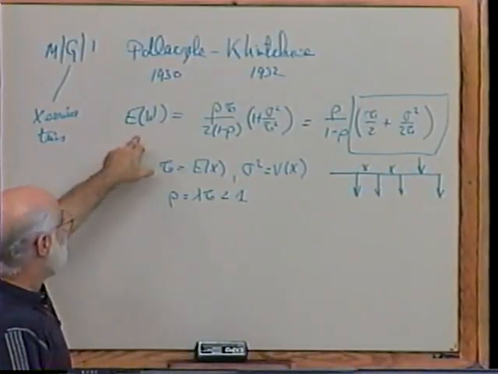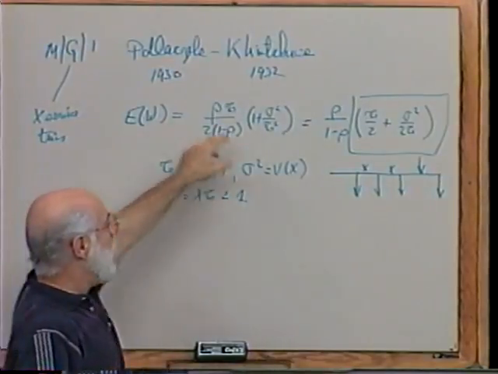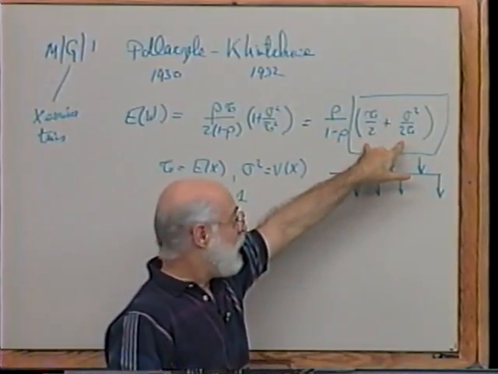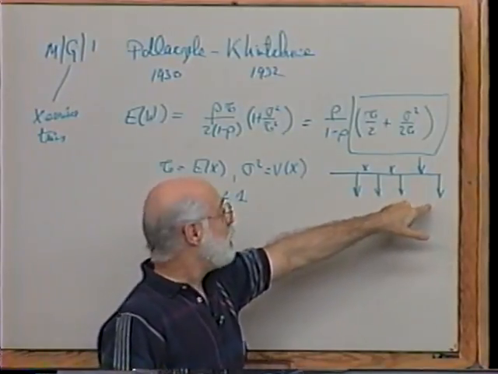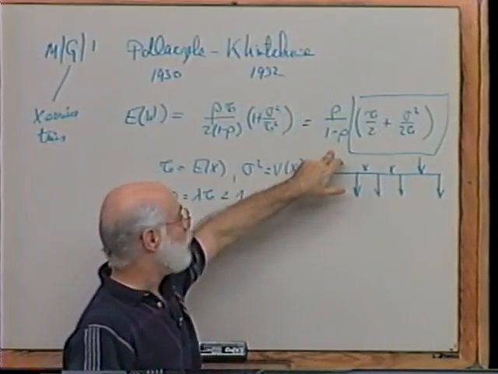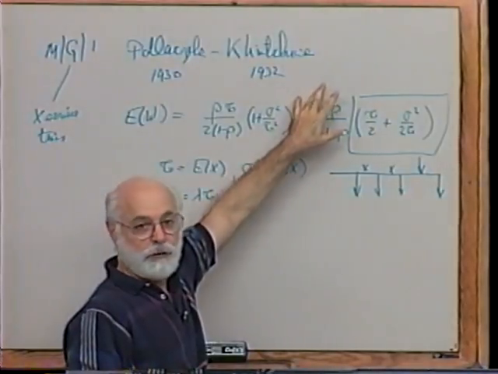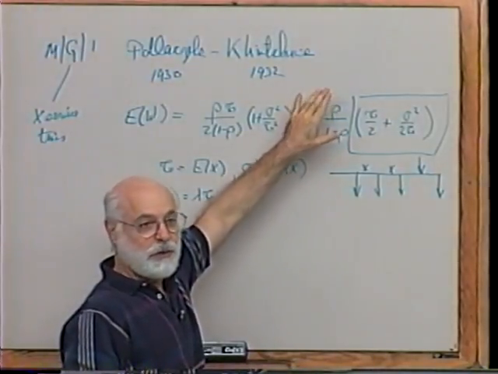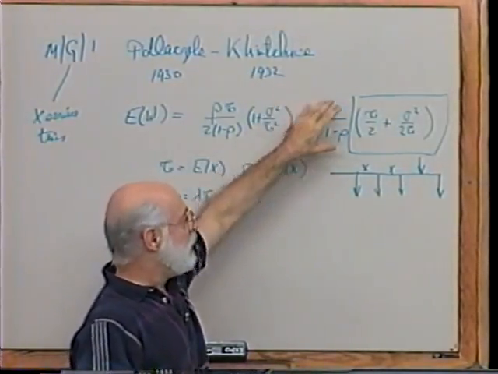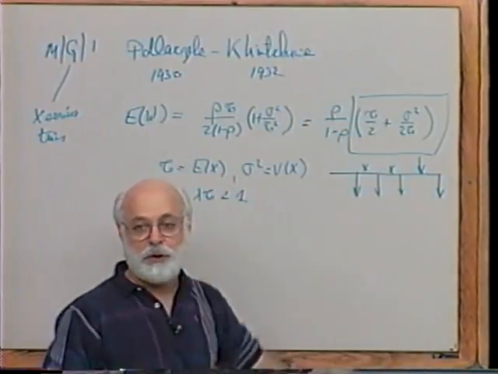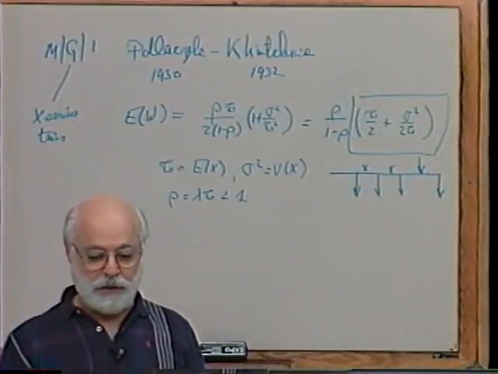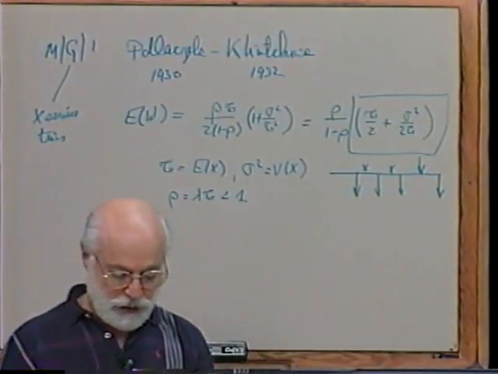So the average waiting time is a multiple of the remaining interrupted service time. And that multiple is rho over 1 minus rho, where rho itself is the server utilization. So this is really very simple when you interpret the terms this way. But then the question is, why should this be true? It turns out that it's rather complicated to derive this.